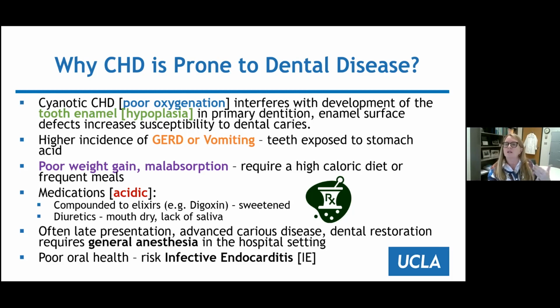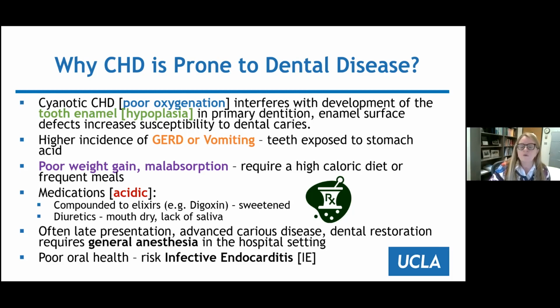Their metabolic requirements are too high. So they have to eat a lot, and often these children eat very slowly. A normal baby could take a few ounces via a bottle in 15 minutes, maybe 20 minutes tops. The child with complex congenital heart disease will take 40 to 50 minutes to take that same volume.